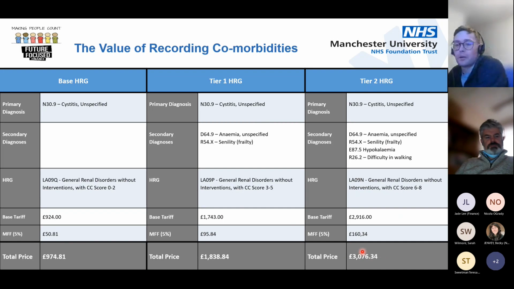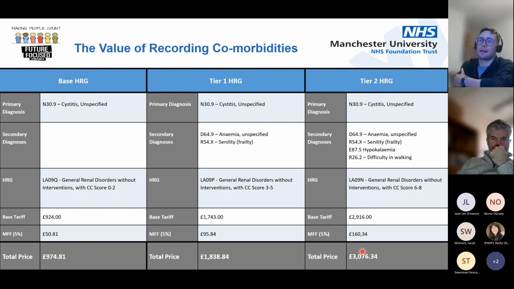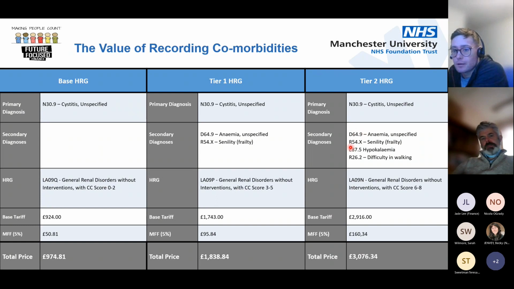What's really important about this slide, and why I mentioned safe and sustainable care earlier, is this isn't a process of finding money down the back of the couch and saying, well, hey, we've scored a little bit extra. This is unrealised income. All of these comorbidities could have been documented in a way that coders couldn't access.